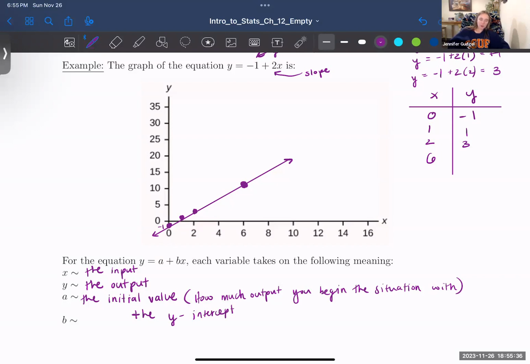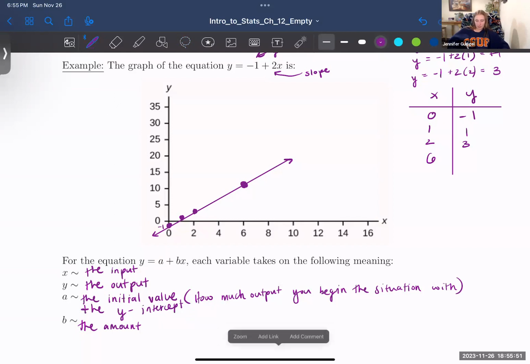And b is the slope, or the amount that you are increasing or decreasing per unit x.